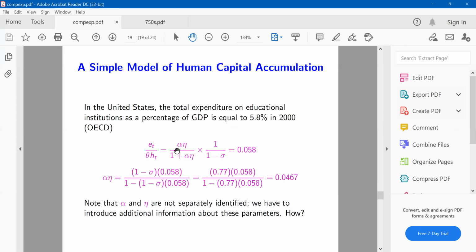Okay, so it depends on alpha, eta. So alpha is the altruism parameter. Remember, eta is the returns to education, and sigma is the subsidy. So these three parameters determine the fraction of GDP spent on education. Okay, and in the data, it is equal to 5.8%. Now, what is this?